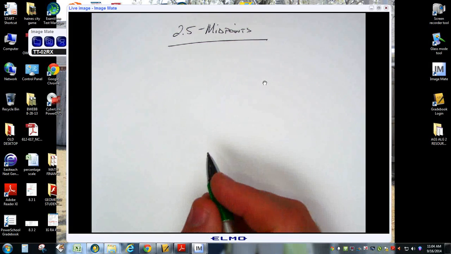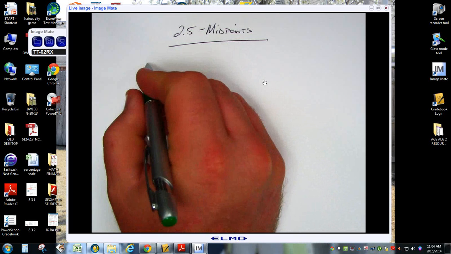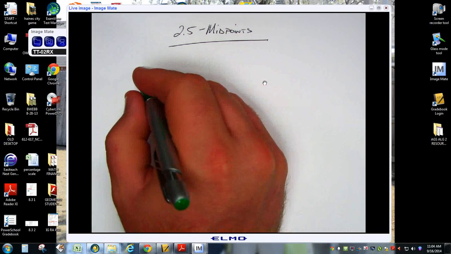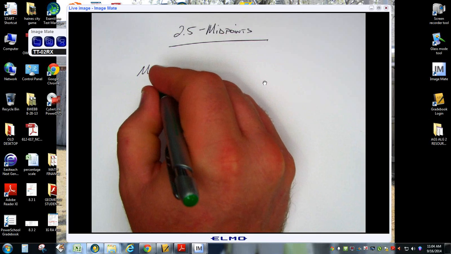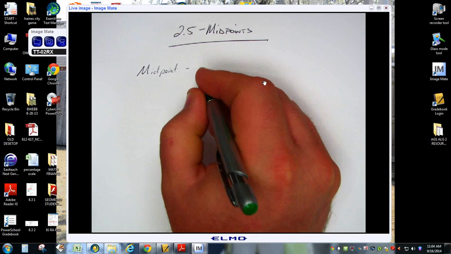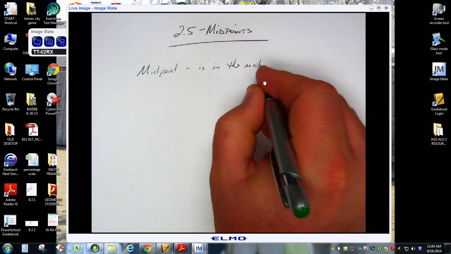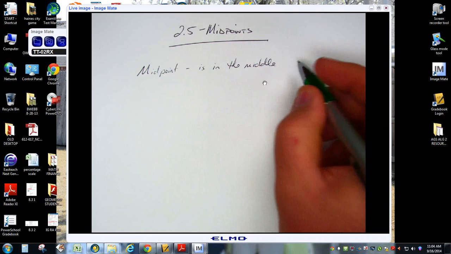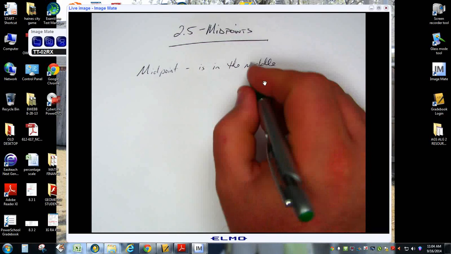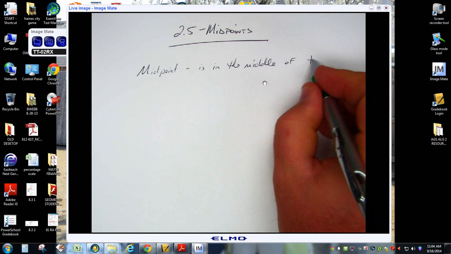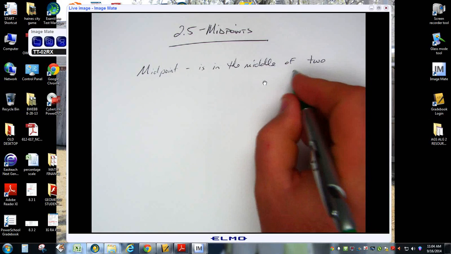Section 2.5, midpoints. What do you think a midpoint is? What do you think it's in the middle of, in geometry? Middle of... how about two points?